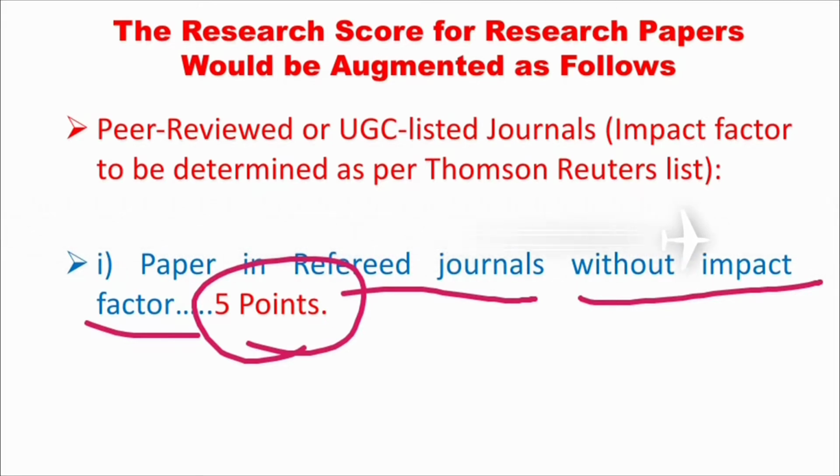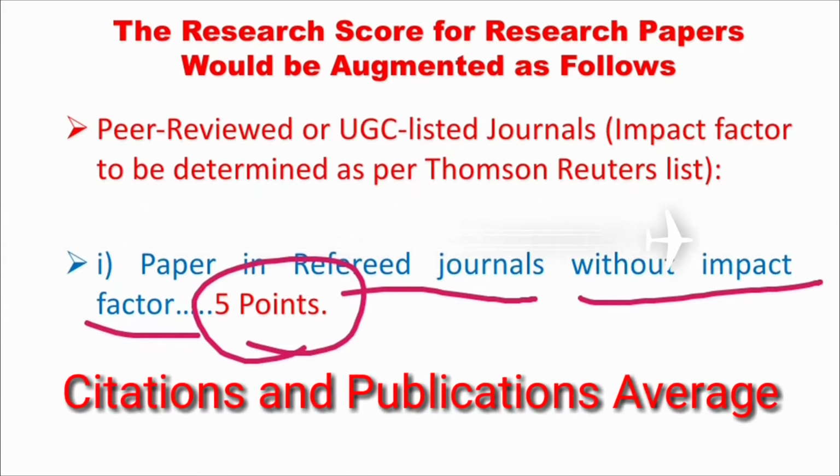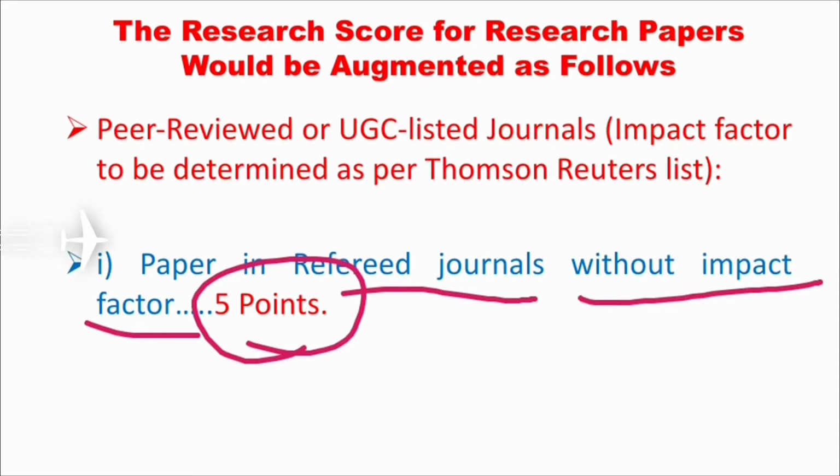It means there is a separate formula for the calculation of the impact factor. They take the average number of citations and the average number of publications. Citation means a source or reference to a source. I hope you understand in a simple manner.